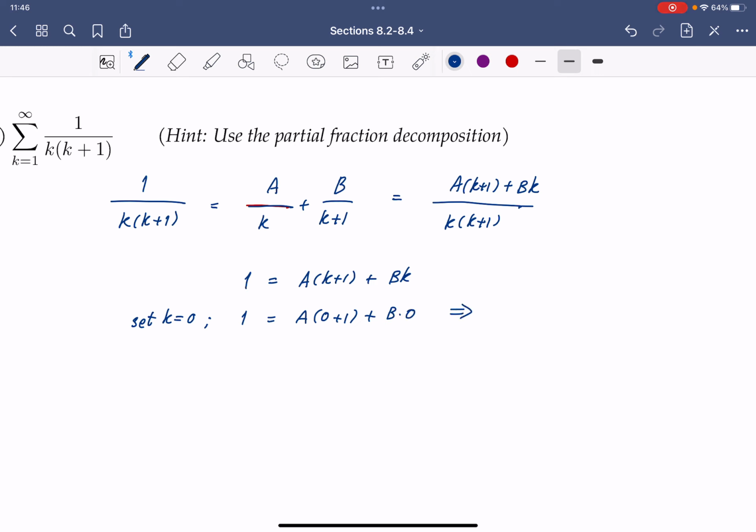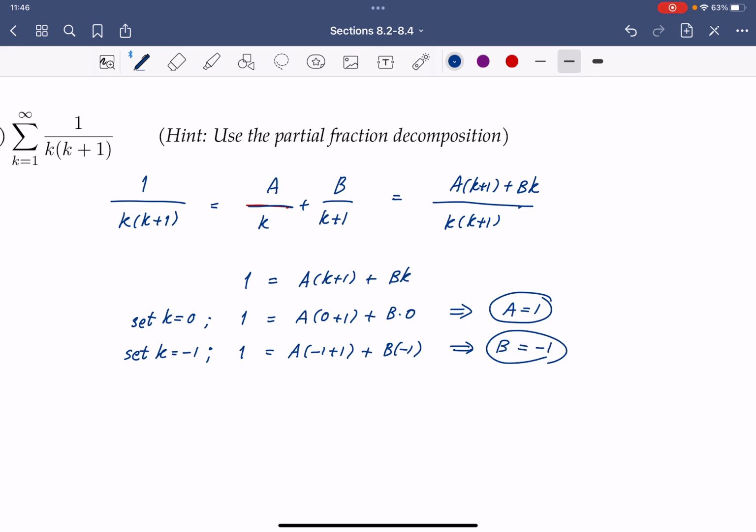This is going to give you a equal to 1. And then if you set k equal to -1, I should pick -1 because it's going to make my life a little bit easier, because it's going to be a times -1 plus 1 and then b times -1. And this term is going to give me b equal to -1.